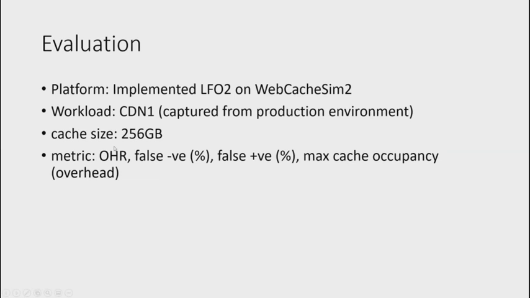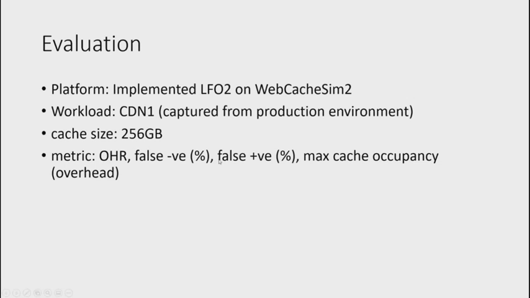We use the same metric commonly used by the research community, object hit ratio. We explain what it is when we talk about the background. Then we measure the percentage of false positives.